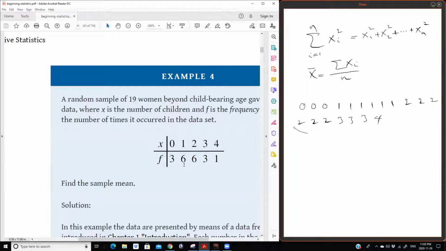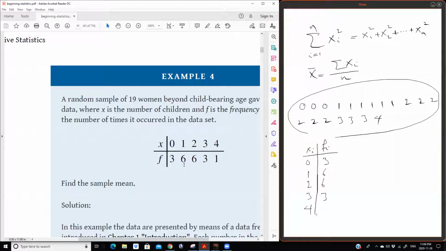Now I need to add up all these numbers and divide by the sample size. Looking at this frequency table with xi and fi: 0 has been repeated 3 times, 1 has been repeated 6 times, 2 has been repeated 6 times, 3 has been repeated 3 times, and 4 has been repeated 1 time.